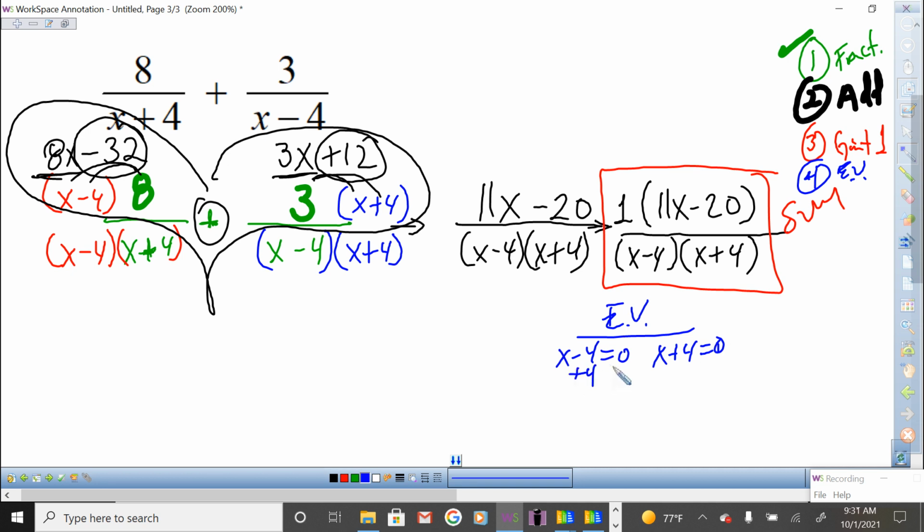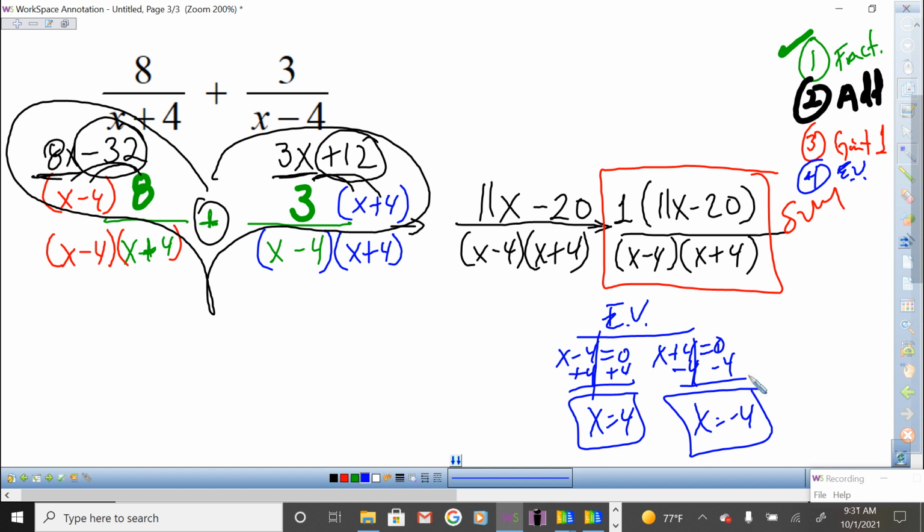Plus 4 plus 4, x equals 4. Minus 4 minus 4, x equals negative 4. Are we done? Yes? Okay. All right, let's move on. Is that clarifying? Yeah? All right.